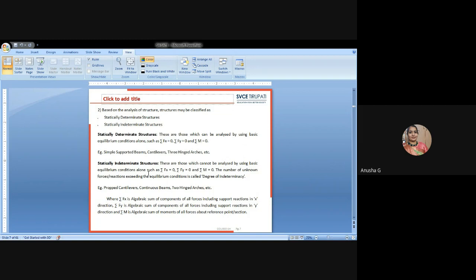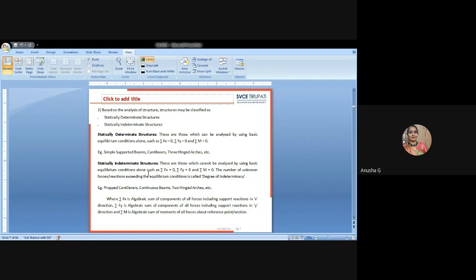For that type of beam, we call it a cantilever beam. For a propped cantilever beam, one end is fixed and the other end is free, but at the free end we keep one support. That type of structure is called a propped cantilever beam. This is an example of a statically indeterminate structure.